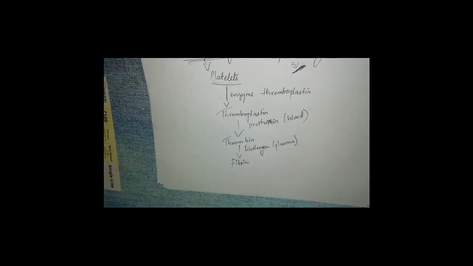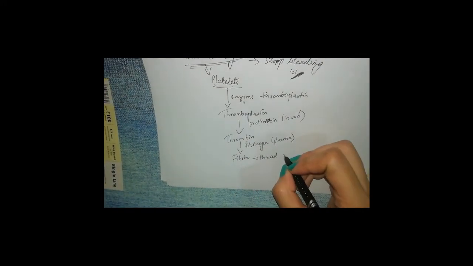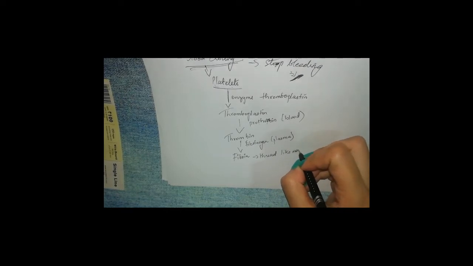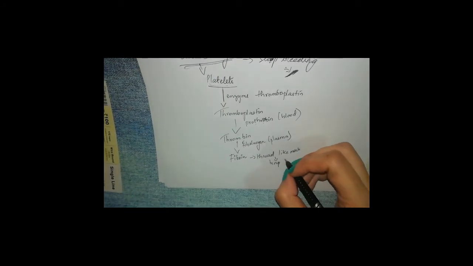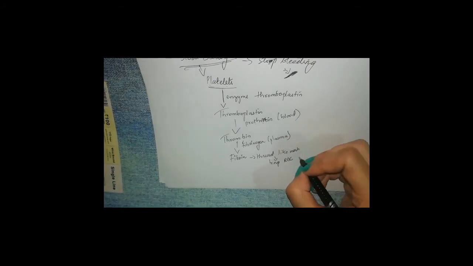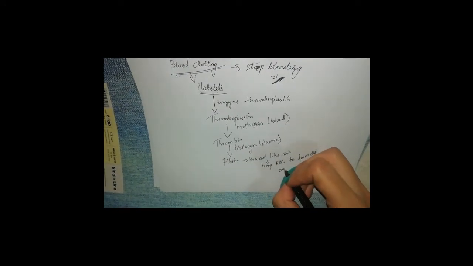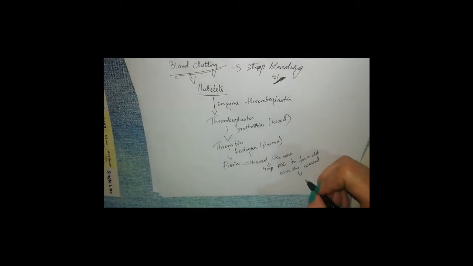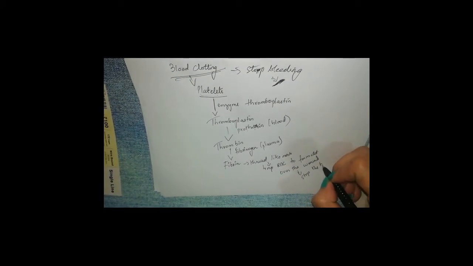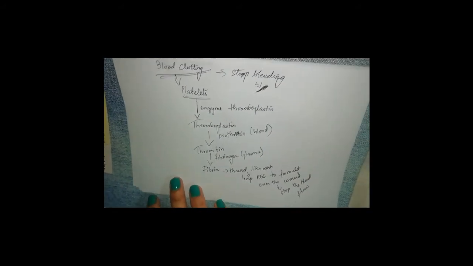This fibrin will form a thread-like mesh that helps to trap red blood cells, to form a clot over the wound. That will help to stop the blood flow. So let me repeat if you are getting confused.